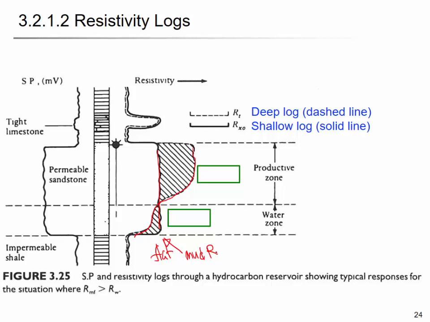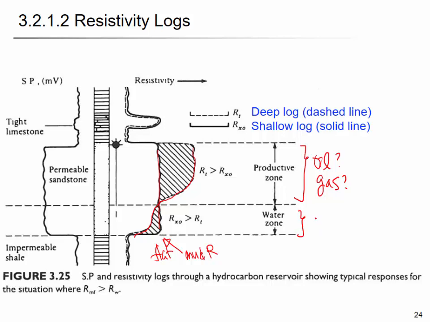So this means that here you have a very high resistivity fluid, and here you have a low resistivity fluid in the formation. So we can guess in this region you may have oil or gas, which is non-conductive, and here you will have just the brine or the water, right? Formation water.